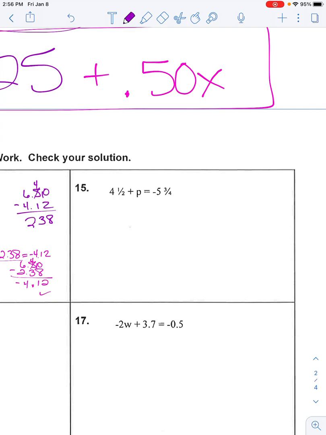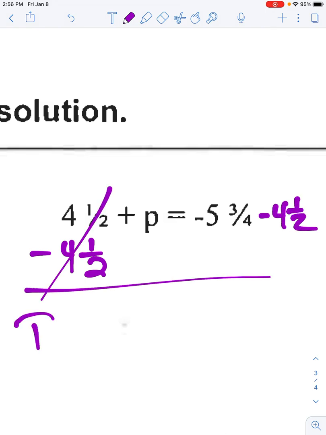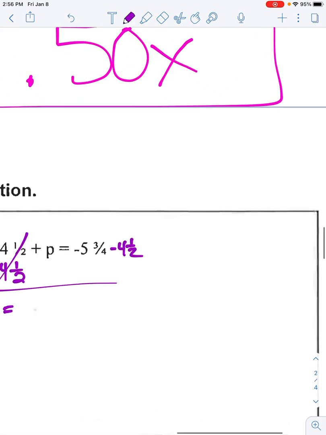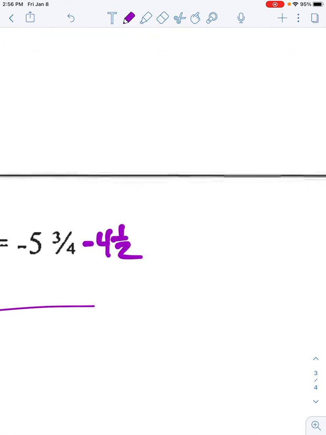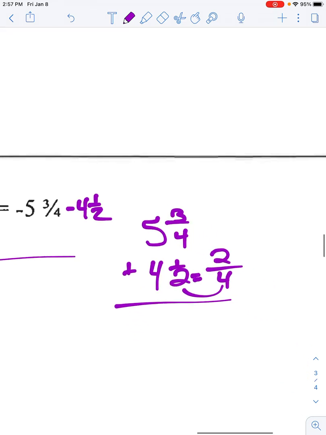Okay. Starting with 15, I need the variable by itself. That's a positive 4.5, so I'm going to subtract 4.5 from both sides, leaving me with my variable. Negative 5 3/4 minus 4.5, same sign, find the sum. Need a common denominator.